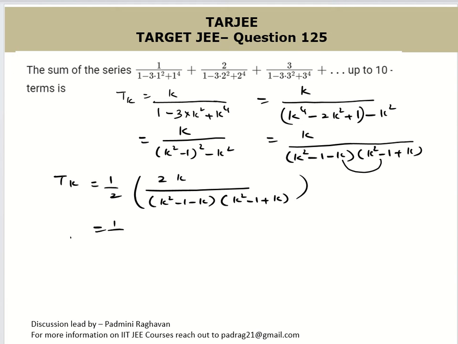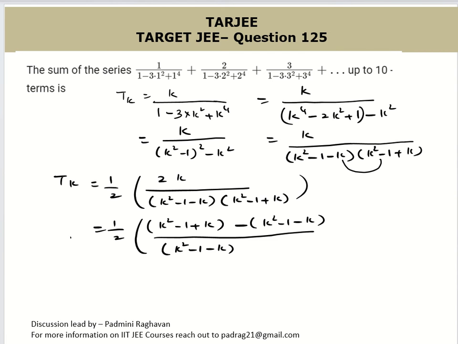Now express this 2k as (k square minus 1 plus k) minus (k square minus 1 minus k), divided by (k square minus 1 minus k) into (k square minus 1 plus k).